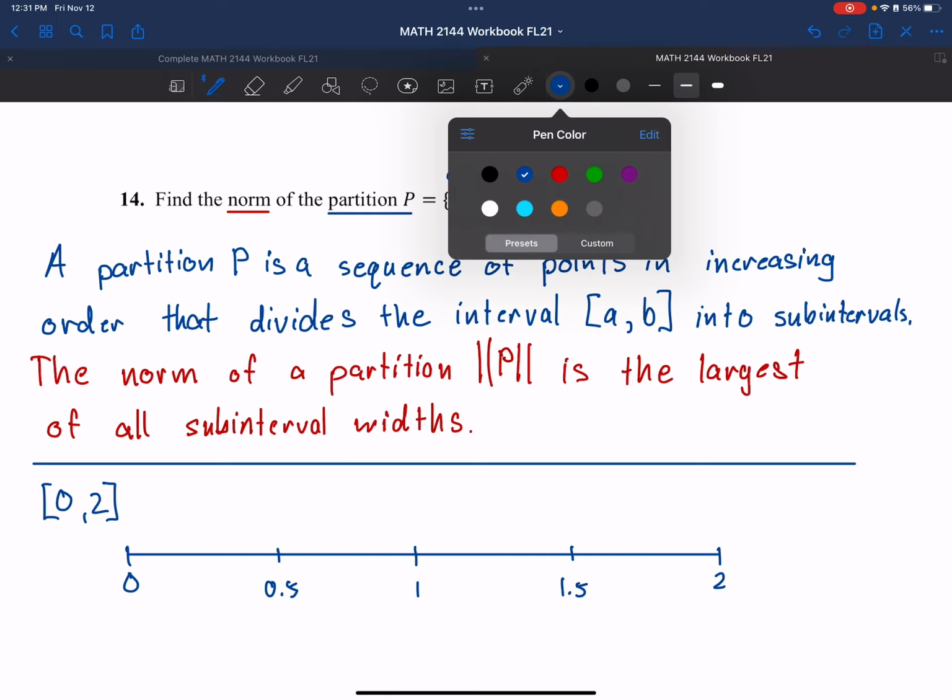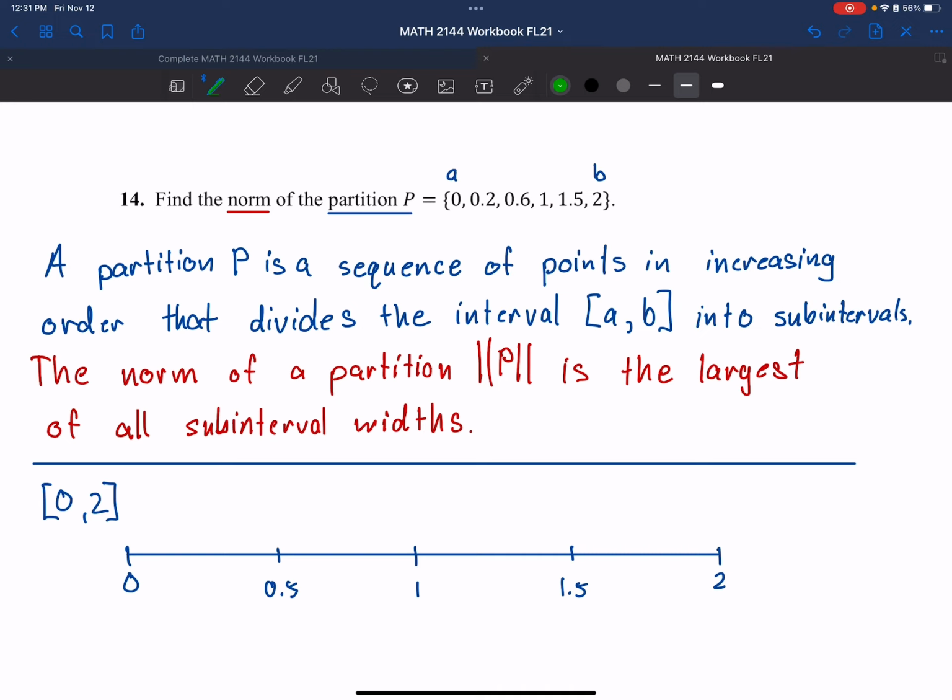Let's consider the partition here. The first point is right here at 0, and then we go to 0.2, approximately right here. Then we have the next one at 0.6, then 1, then 1.5, then 2.